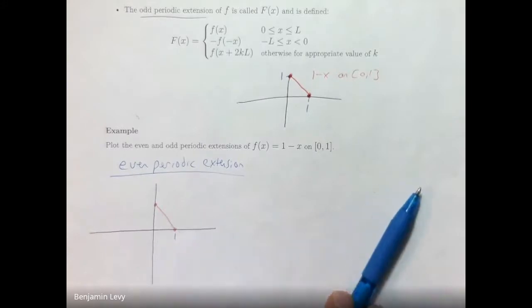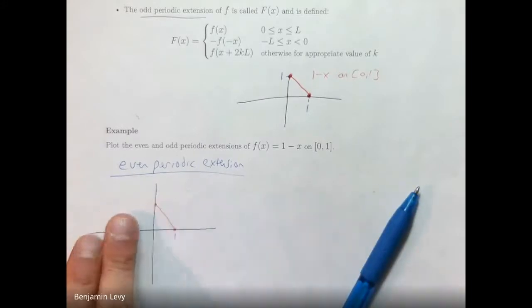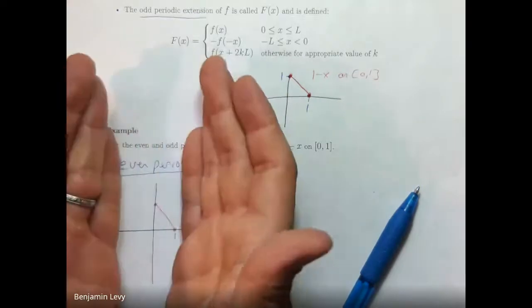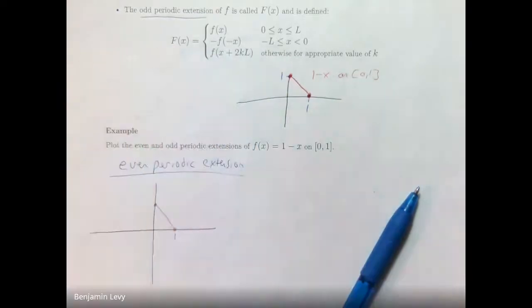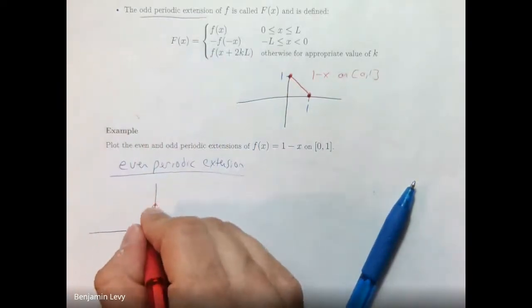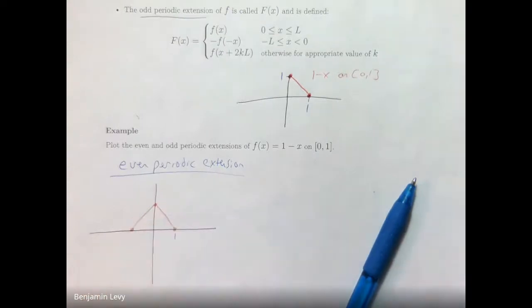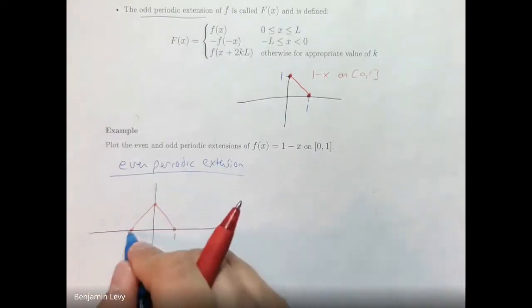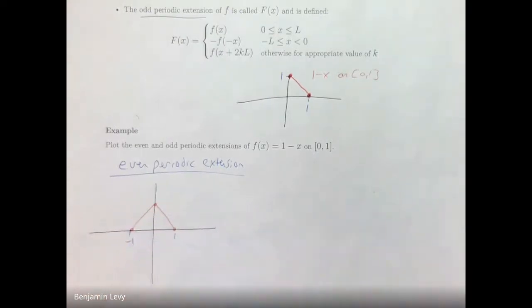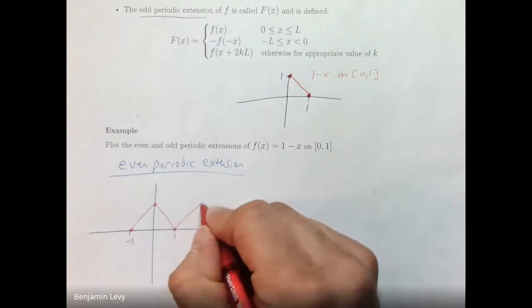And so it'd be like just flipping that over, or you could think about folding it like a book, and where would this line up? Well, it would line up over here. And so that's the periodic extension from -1 to 1. And then if you wanted the full periodic extension, it would just be copying and pasting that repeatedly.